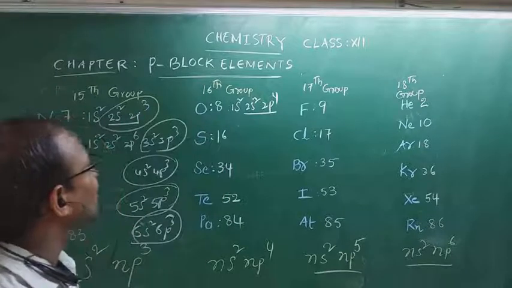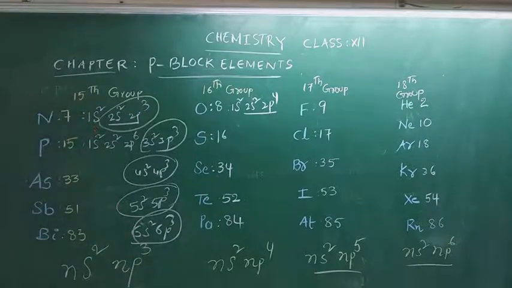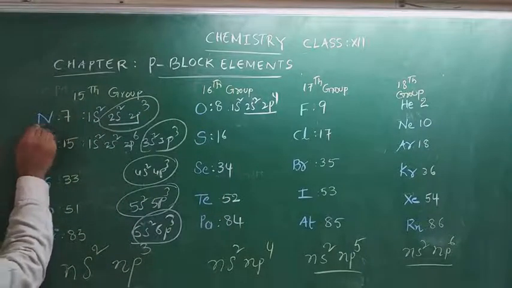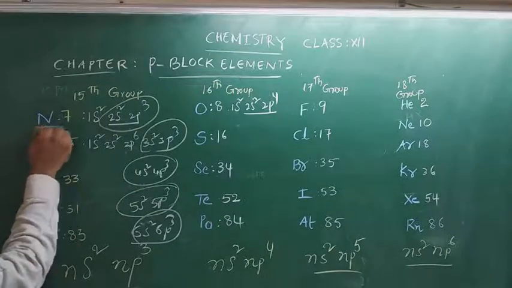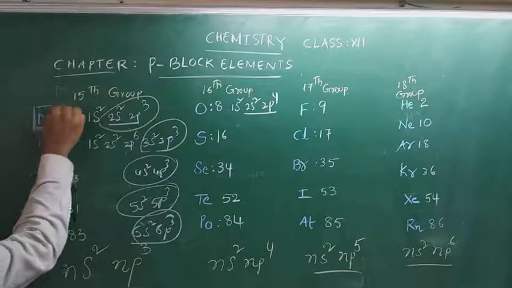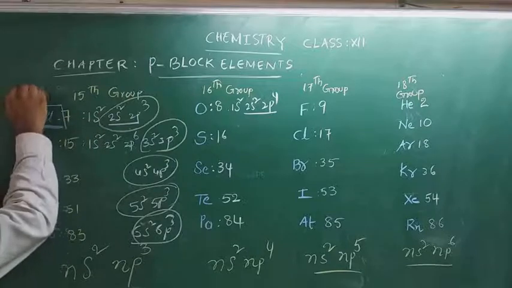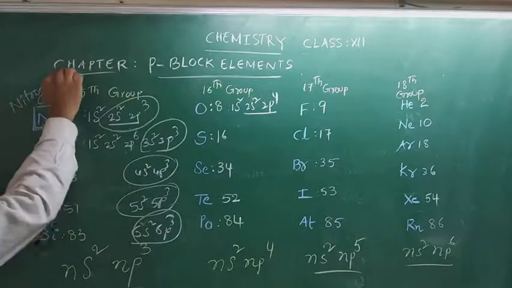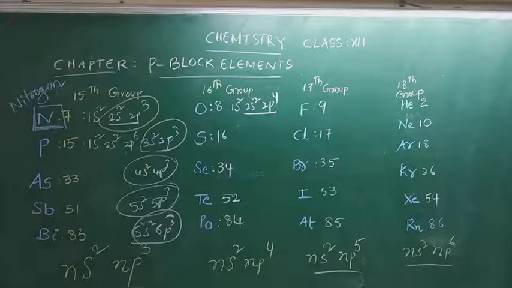And the 15th group elements are called nitrogen family. As nitrogen is the first element, you can call it nitrogen family. It is also called pnictogens.